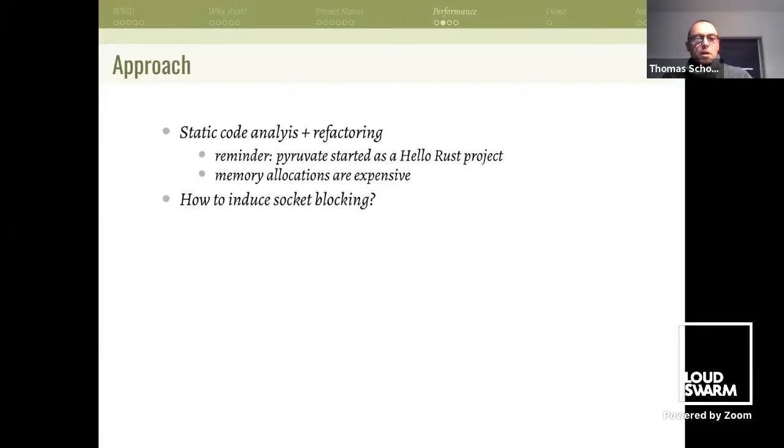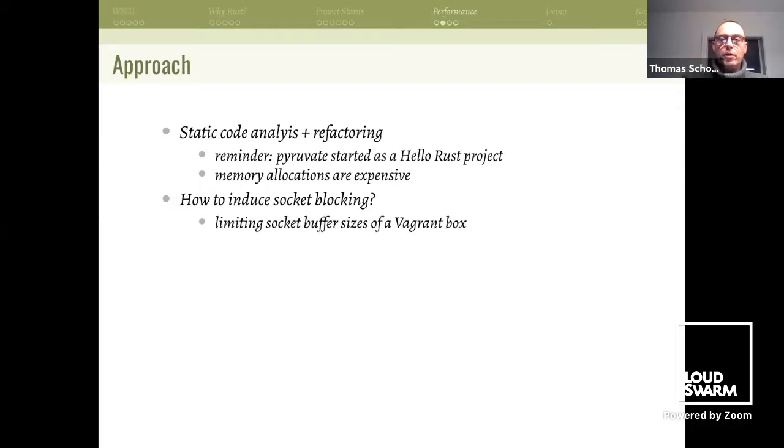Then I struggled a lot with how to actually induce socket blocking. So on a normal Linux, it's not quite easy to induce a socket that is blocking on write.